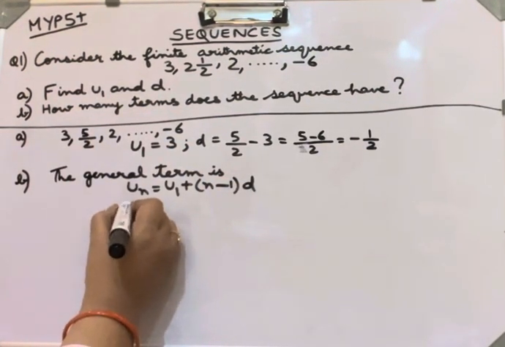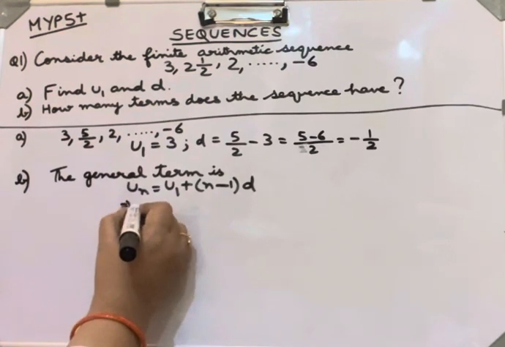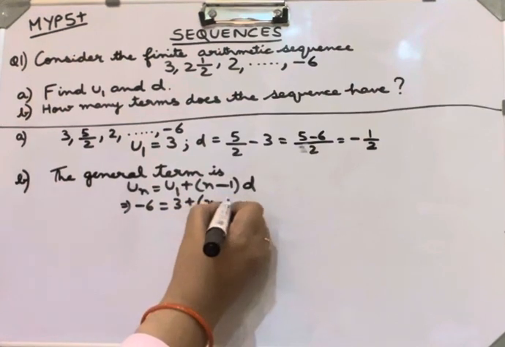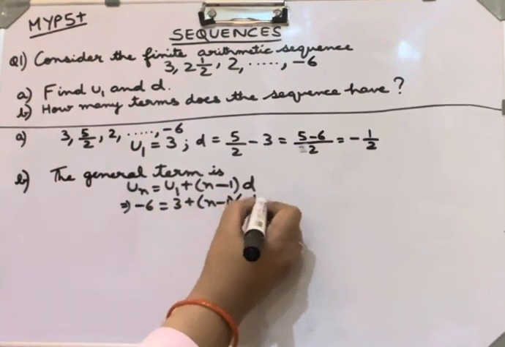So this follows. We already know that UN, the last term, is -6. U1 is 3 plus N minus 1, and we know that the common difference is minus half.